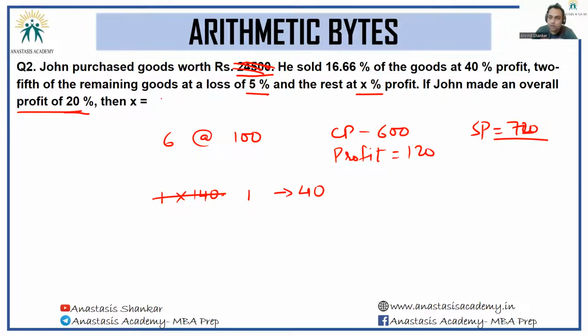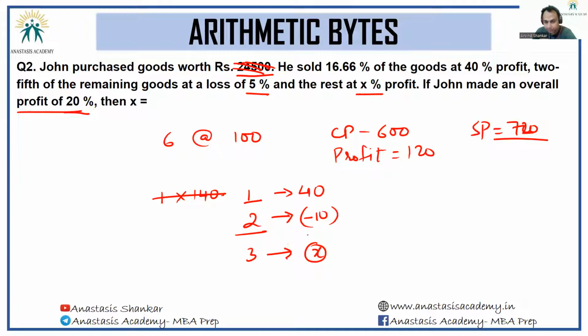2/5 of the remaining goods: out of 6 goods, one is gone, 5 goods are left. 2/5 would mean for 2 items he received a loss of 5%, 5 rupees per item he lost. So he received minus 10, and the rest at X% profit. One item is gone, 2 items are gone. For the last 3 items he received X per item.